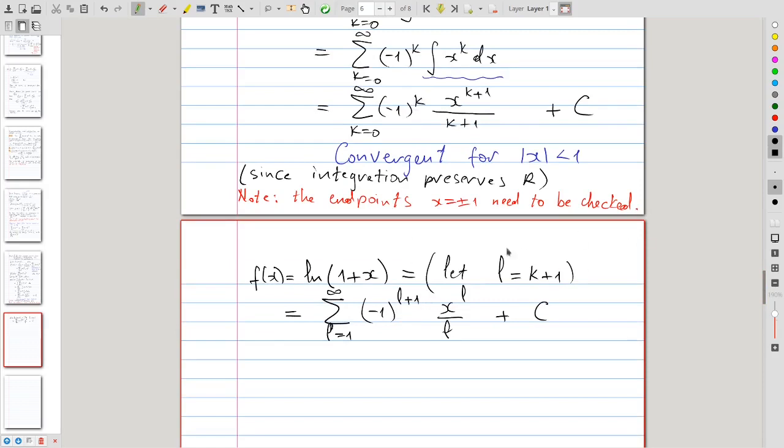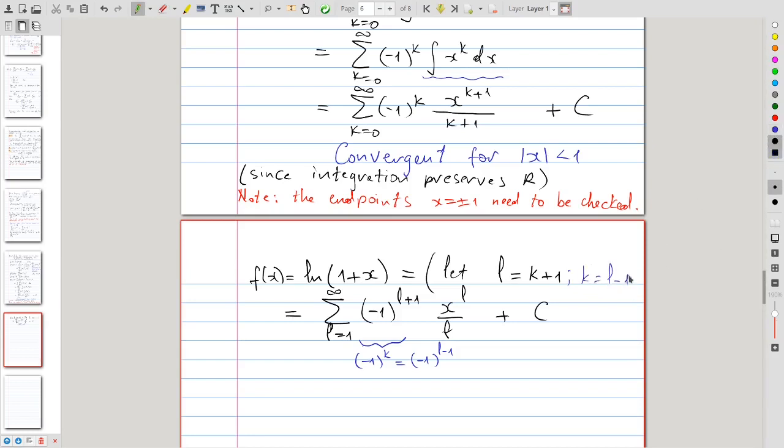That is because minus 1 to the k is equal to minus 1 to the L minus 1, because k is equal to L minus 1.